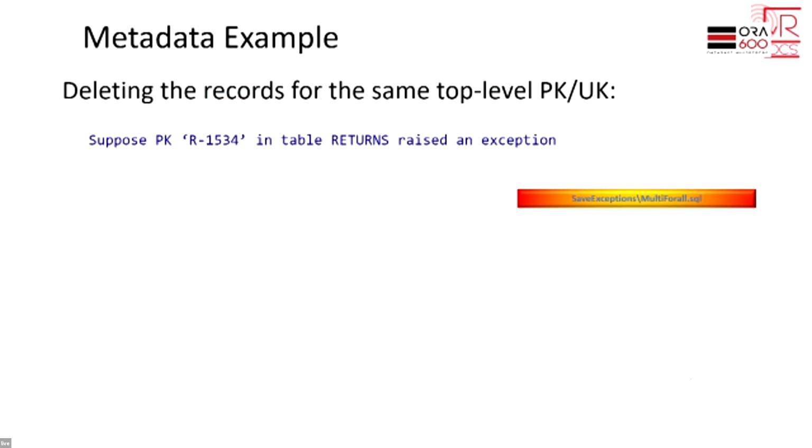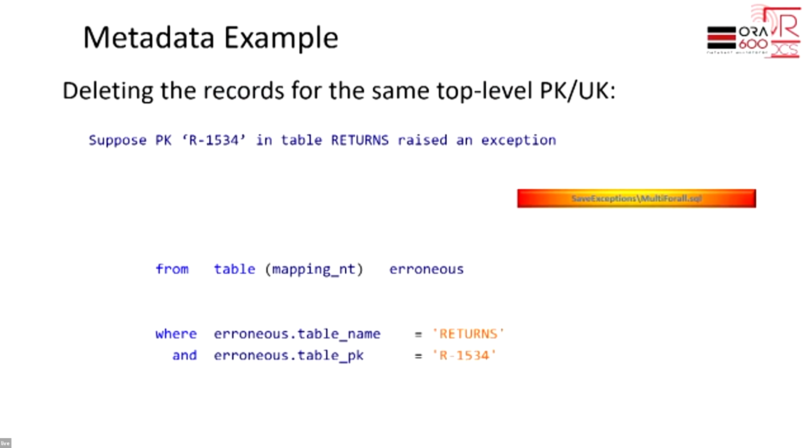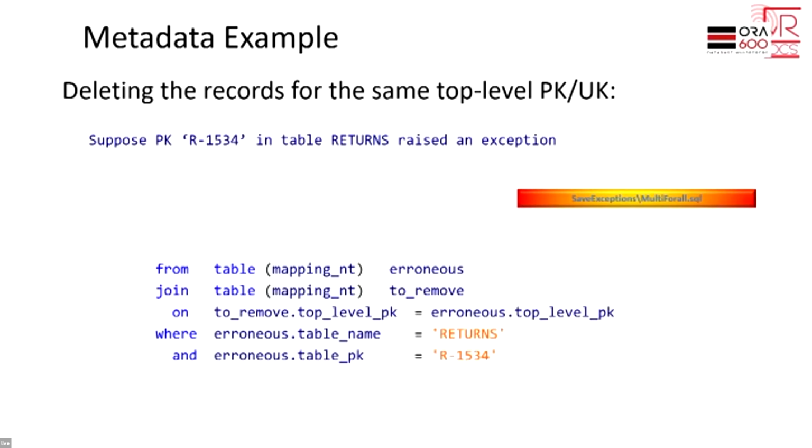In code, it could be like this. Suppose primary key in the returns table R1534 raises an exception. Then we can get its data from the metadata table like this, from the nested table where table name returns and its primary key is R1534. This record I can join to that nested table again based on the top level primary key.